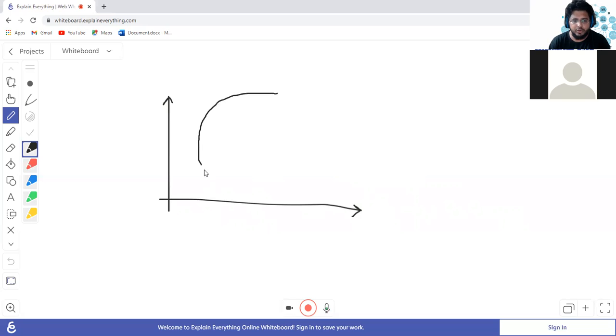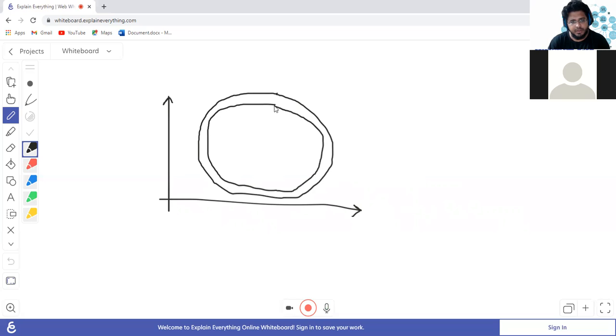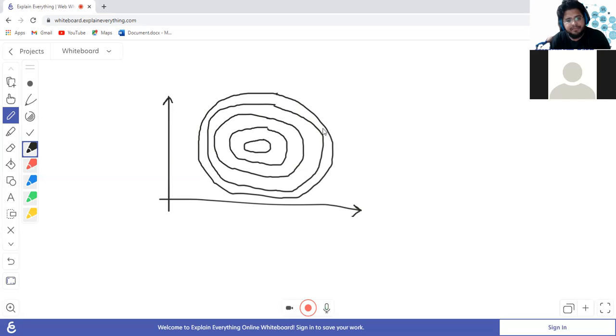It will look like a contour, right? I hope you know what a contour means. Yes, we have done this before. So this is a contour. This is at maximum height, this is at a little less height, this is at a little less height, then less, less, less, and this is the bottom of the pit. Okay, so that is how it is.